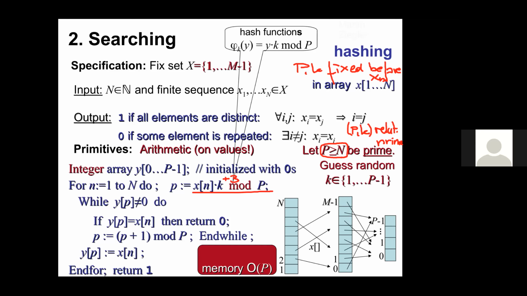So if you want, you can put something quadratic here. You can say xn times k or whatever. But it will not make anything better. So this is why this choice of function is a good choice of hashing function.